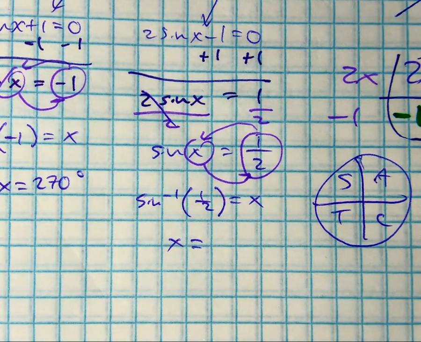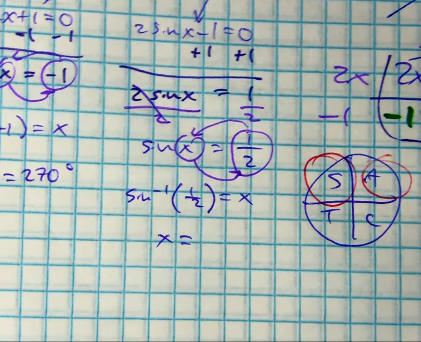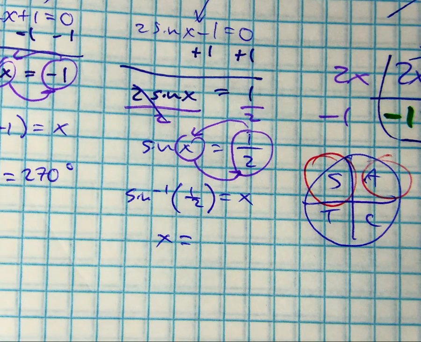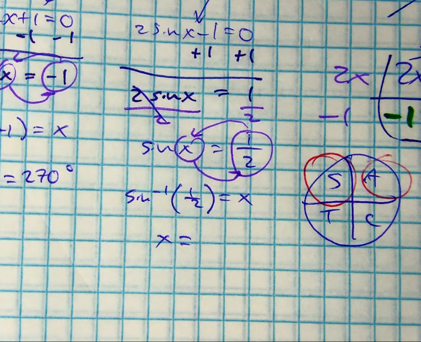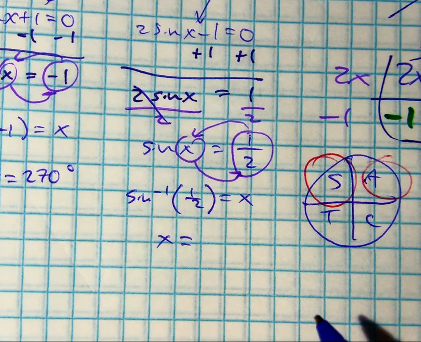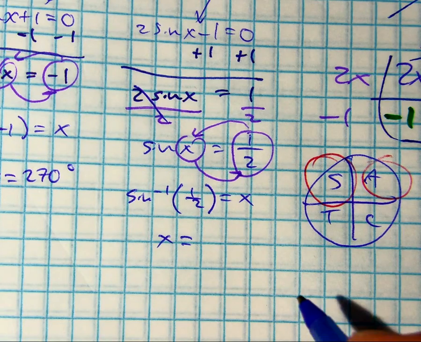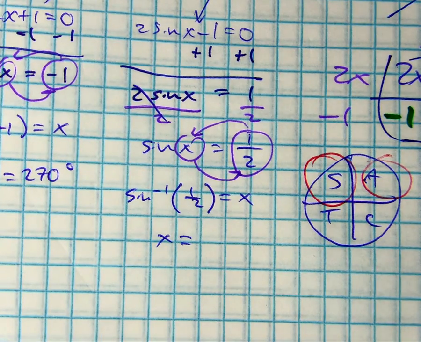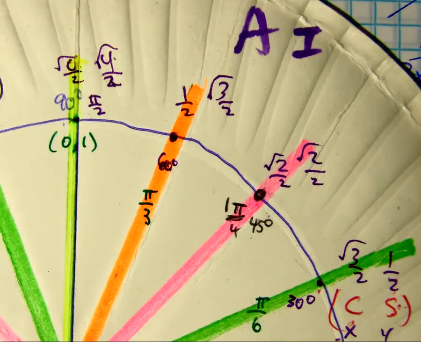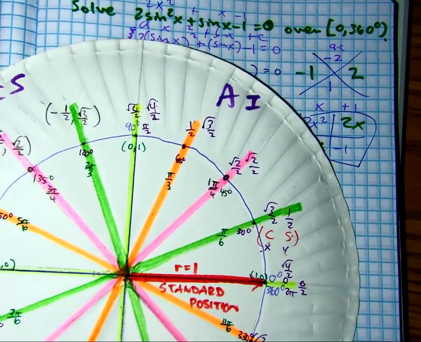And where is sine 1/2? Sine is 1/2 on 30 degrees and 150 degrees.